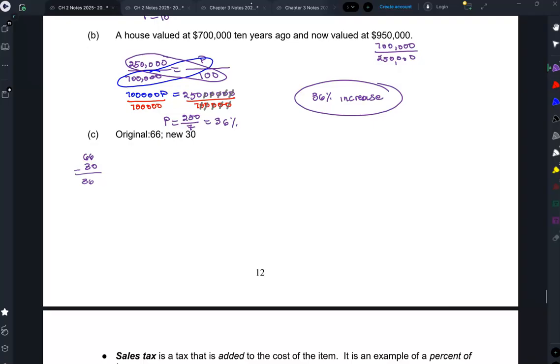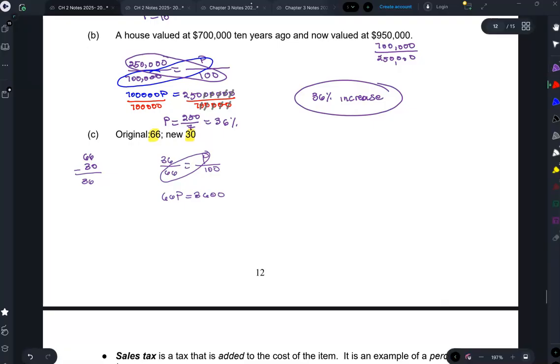So it's 36 over 66 equals P over 100. Basically, just the difference between these two equals P over 100. Okay, so now let's cross multiply. 66P is equal to 3,600. I divide by 66. So P is, right, let's divide.